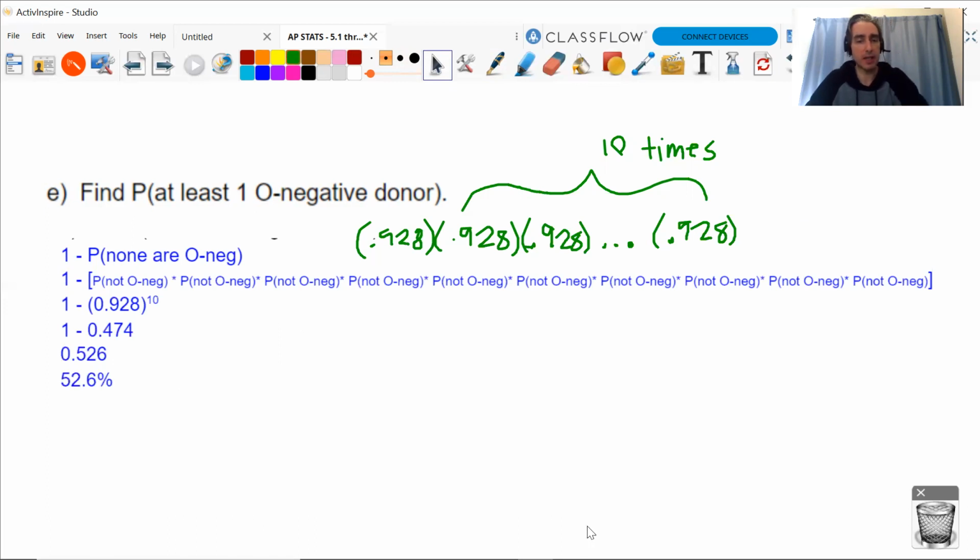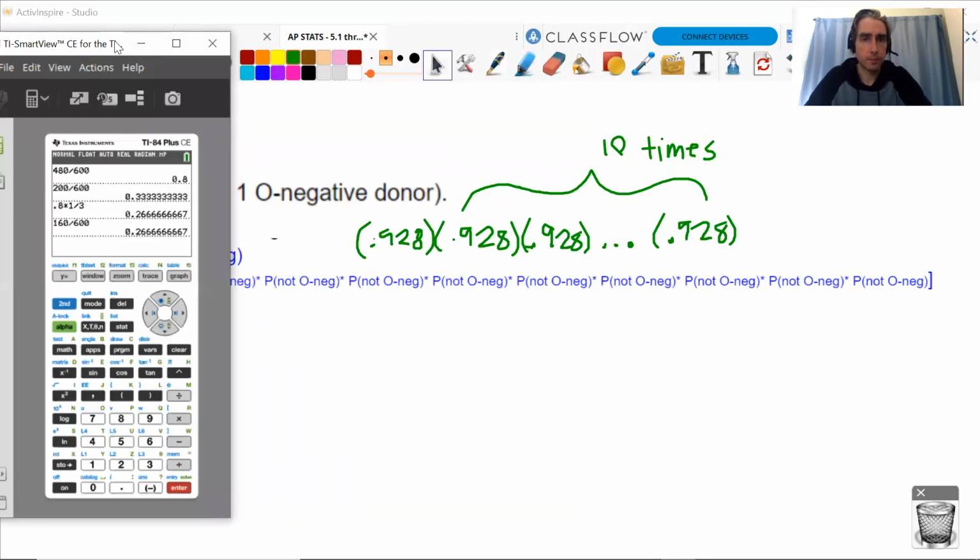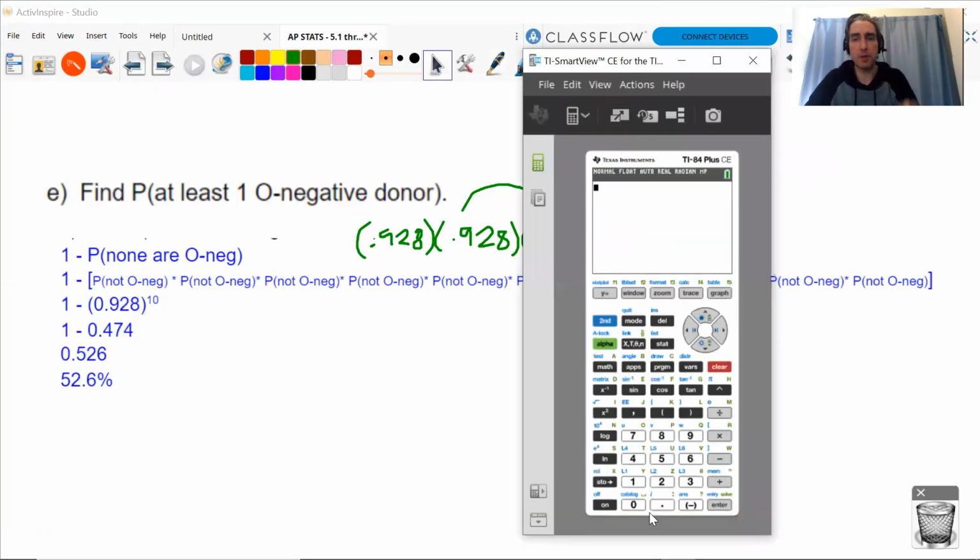Let's just check that in a calculator real quick. So let's recap on this case. We have 7.2%. That's the likelihood of randomly picking one person in the population having O negative blood. That means the probability that someone does not have O negative blood is 0.928.